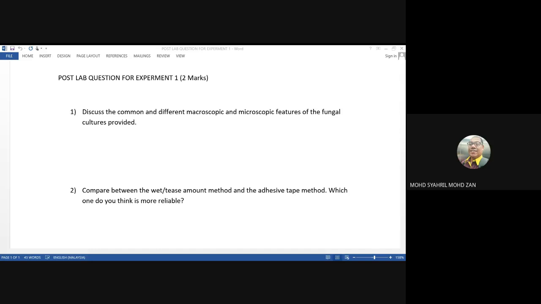So daripada situ awak buatlah apa teknik-teknik yang digunakan untuk kita tahu morfologi dan juga microscopic untuk dua-dua spesies. Sebab kita gunakan mold dengan yeast, okay. So lebih kepada awak cek situ untuk apa teknik kita gunakan untuk mengesan dia, buat dalam infographic.